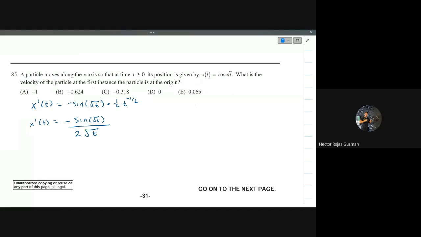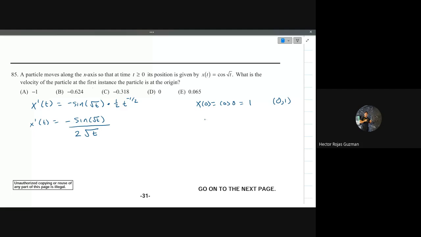The position of the particle is 1. So at what time is the particle at the origin? In other words, at what time is the y value 0? So why don't we make x of t equal to 0. So now cosine of the square root of t is equal to 0.